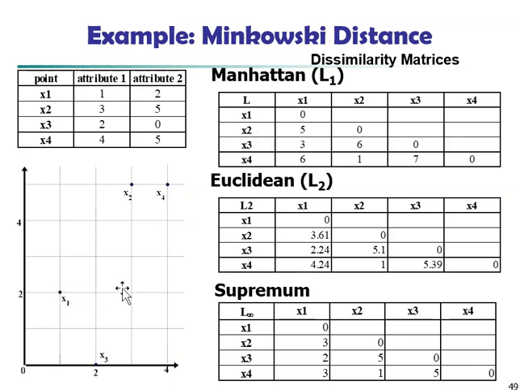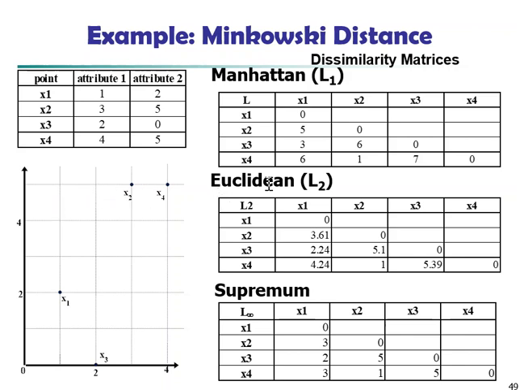Manhattan, remember, is city block, so we cannot cut through buildings. We have to make rectangular turns. So here this edge gave us 2, this edge gave us 3. Therefore, the Manhattan distance between x1 and x2 is 5, which is documented here. So city block, you have to go through that. You do that, it's the same thing.